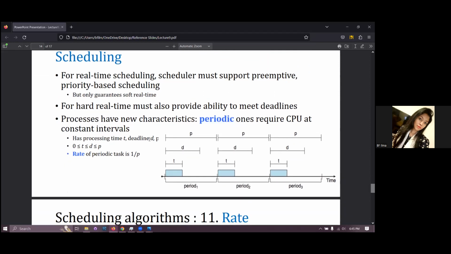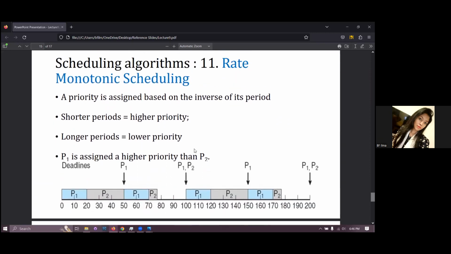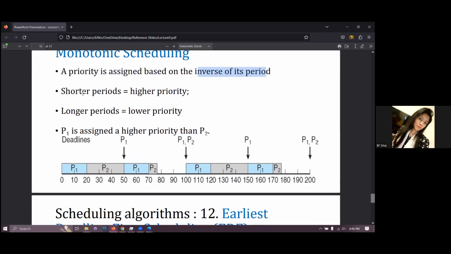There are some attributes here, like the constant time required to execute, which is the CPU burst, denoted by T, a deadline by which the task must be completed, and then a period P. One example is rate monotonic scheduling, where we take the priority of a process as the inverse of its period. So shorter periods have higher priority, longer periods have lower priority.